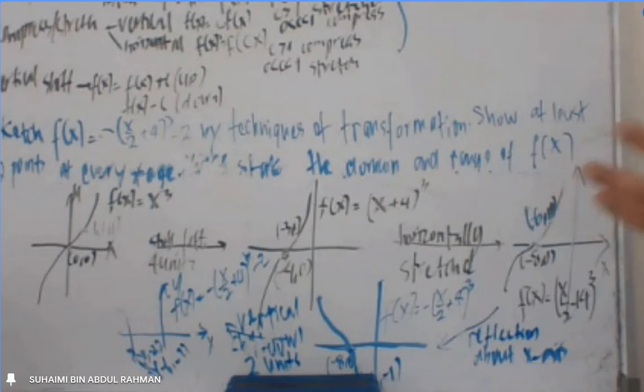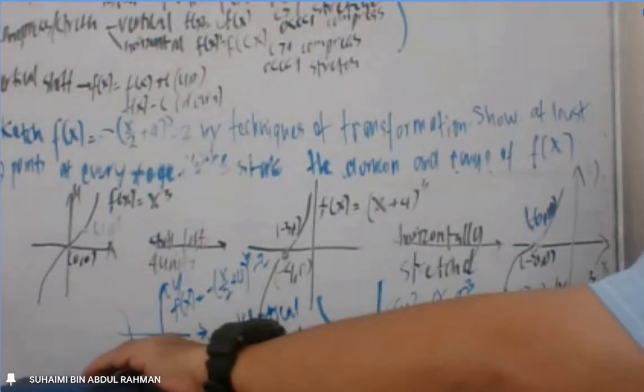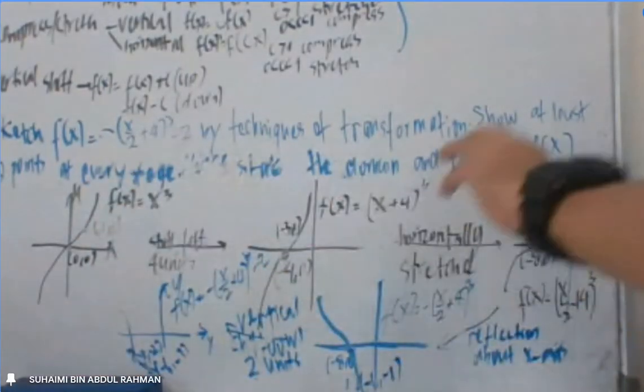That's what we say about sketching the graph by techniques of transformations. When we talk about techniques of transformation, you have to show stage by stage.